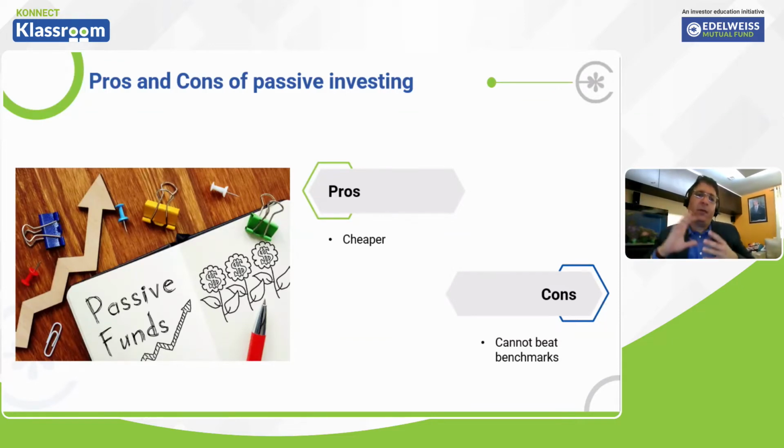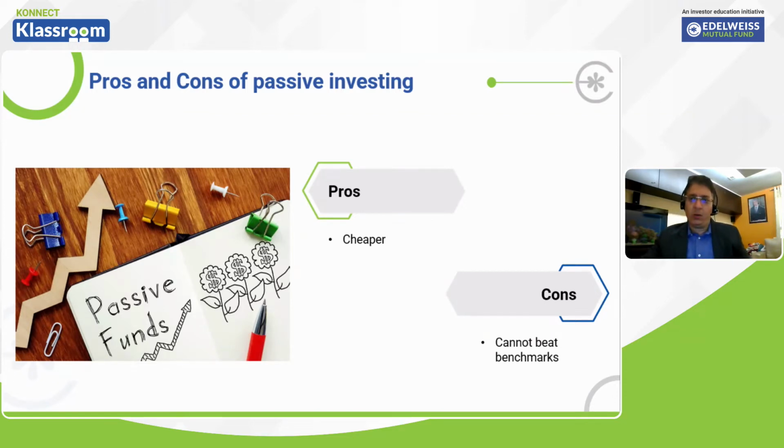The con, as per a lot of people in passive investing, is that it cannot beat the benchmark, which definitely it will never, because it is replicating that benchmark. And that perhaps is one reason or one con which a lot of investors point out, that I am only going to get returns which are similar to the benchmark.